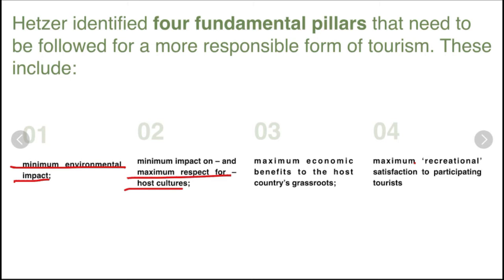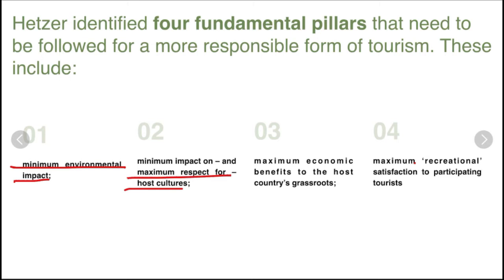So itong host culture na to, they are very sensitive sa nangyayari sa area nila. That's why when we travel to a certain destination, lalo na kung mga ecotourism sites yan, we must respect the traditions, the beliefs, the way of life of those host cultures, and even those indigenous people.